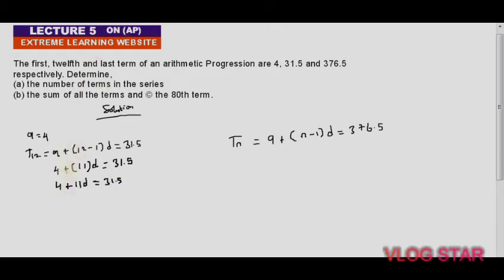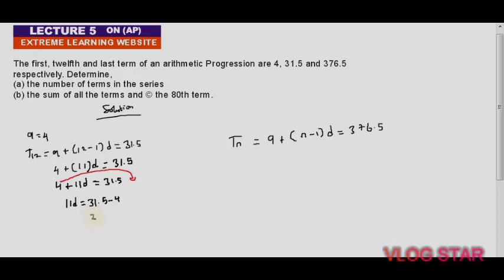Now let's collect like terms. Move 4 over to the other side, so we change to minus. So 11D is equal to 31.5 minus 4, which gives us 27.5.